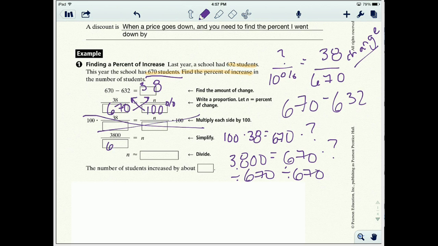I divide by 670, and so then my answer would be about 5.6. Now since we're dealing with percent, that's fine. You can leave it like that. So the number of students increased by about 5.6%. They might have asked you to round to 6%. Either is a pretty good answer.